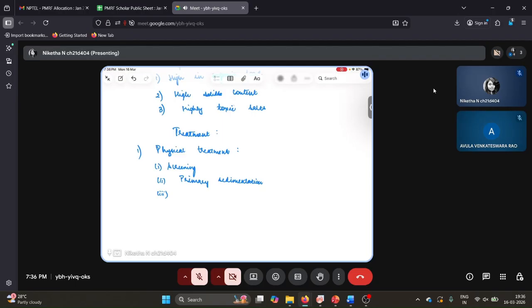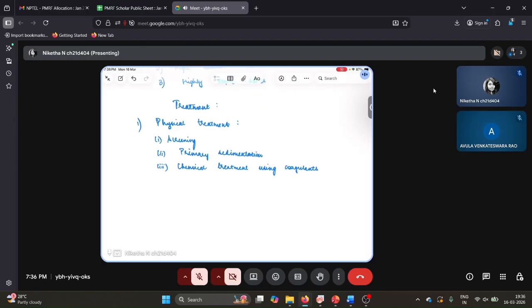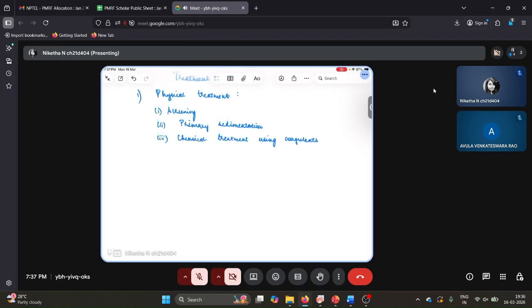And the third step is chemical treatment using coagulants. Okay, so this is about the physical treatment or the primary treatment.